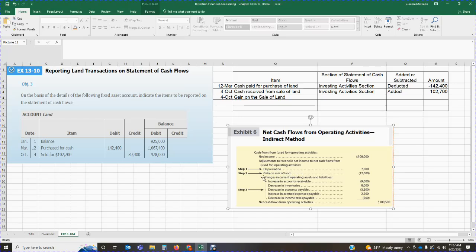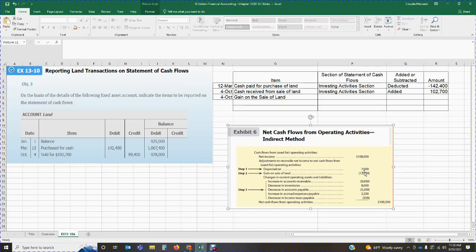If we ever have a gain on a sale of a piece of land, that gain needs to be deducted from the operating activity section. The gain on the sale of land needs to be deducted from the net income in determining the net cash flows from operating activities, if the indirect method of reporting cash flows from operating activities is used.